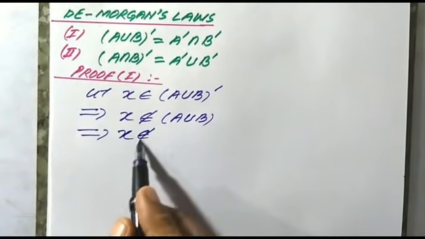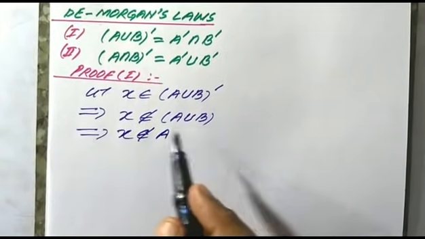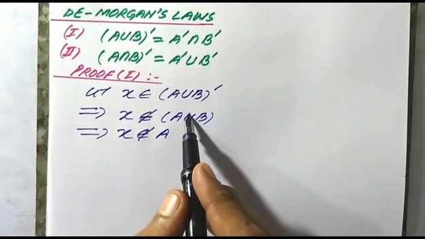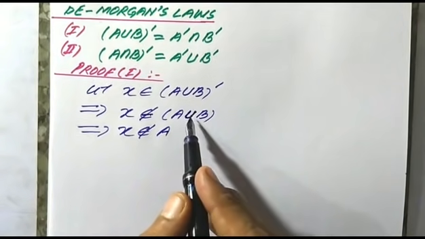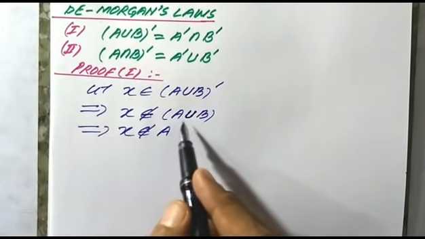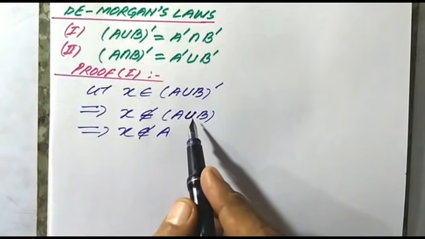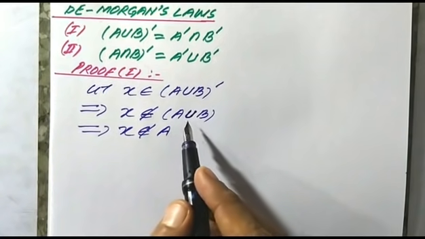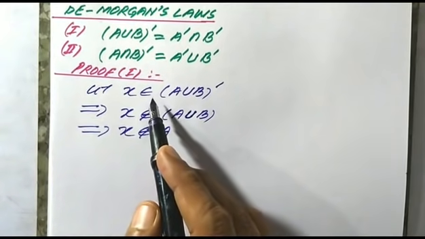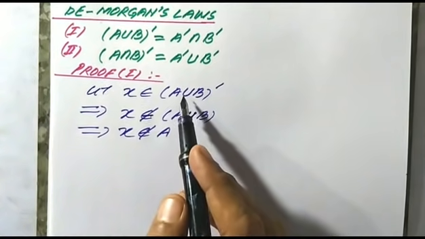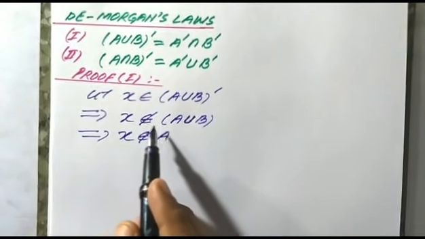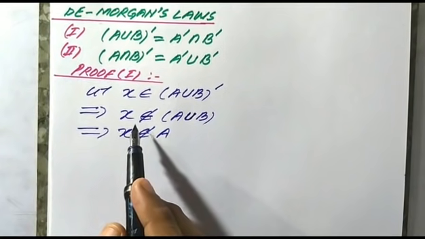It implies that X does not belong to A. For the symbol does not belong to, for the union operation we use the word and, and for the operation intersection we use the word or. This process is reversed. For the symbol belongs to, union means or and intersection means and. For does not belong to, union means and and intersection means or.